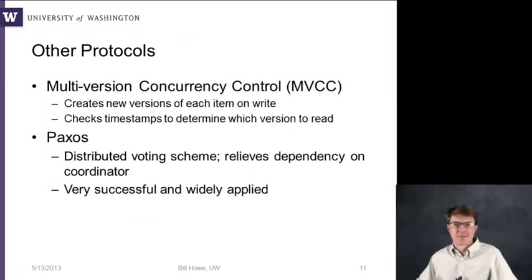So other protocols that I'm not going to talk about in too much detail include multi-version, but you will see in some of the papers mentioned, multi-version concurrency control, where each write creates a new version of the data item, and the legality of a read is determined by checking the timestamp of the read transaction versus the current timestamp of the version that you're trying to read. Okay.